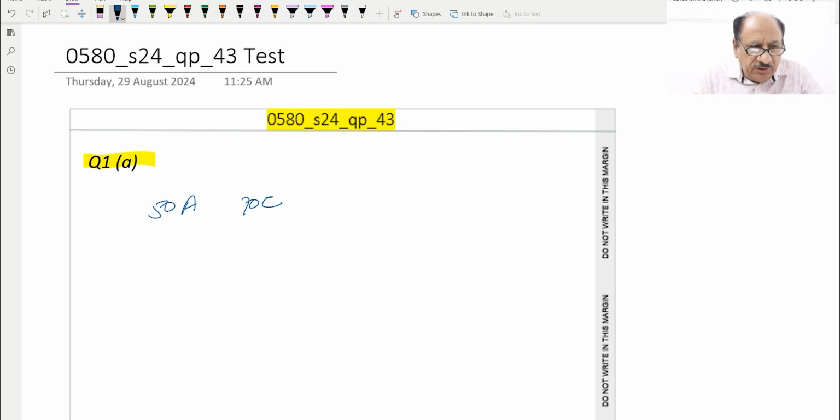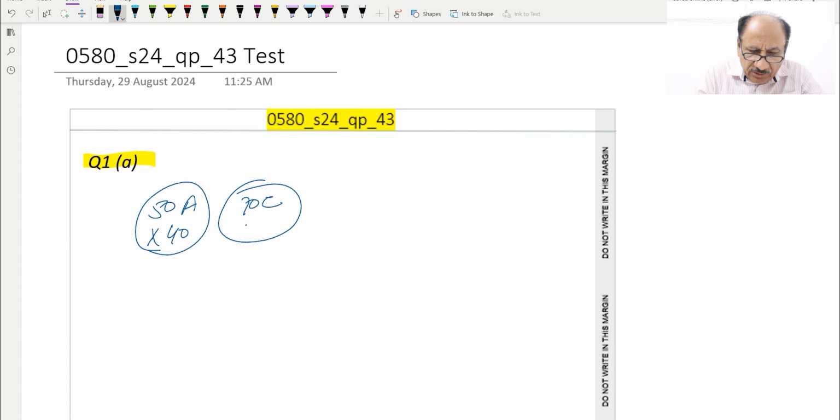The membership fee for an adult was $40, so we'll be multiplying this by 40, and the membership fee for a child was $15, so this will be multiplied by 15.